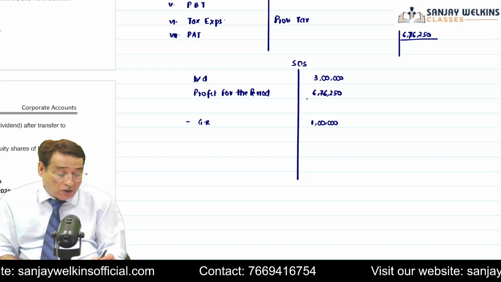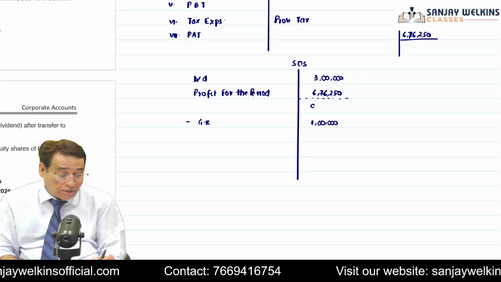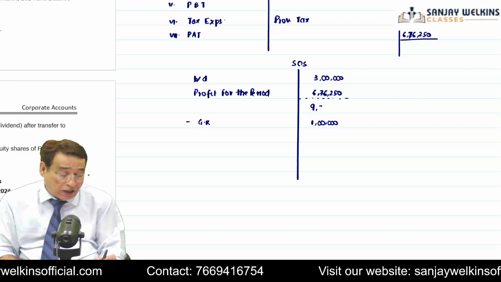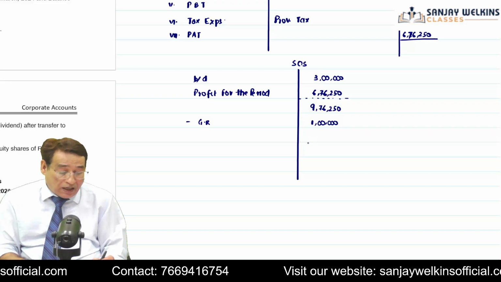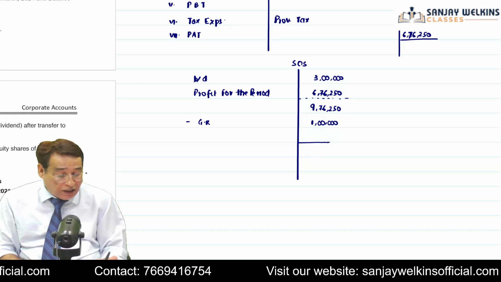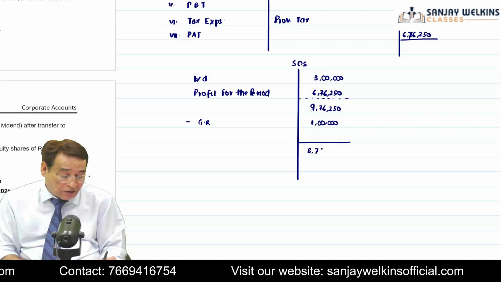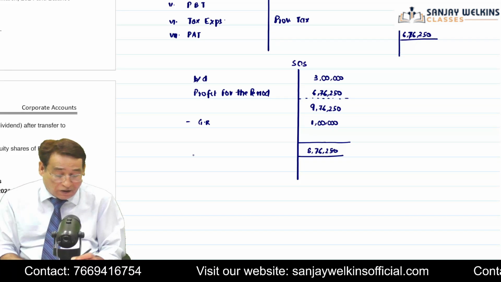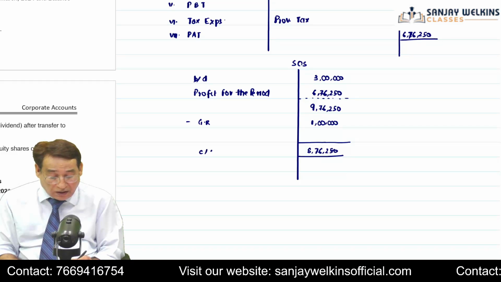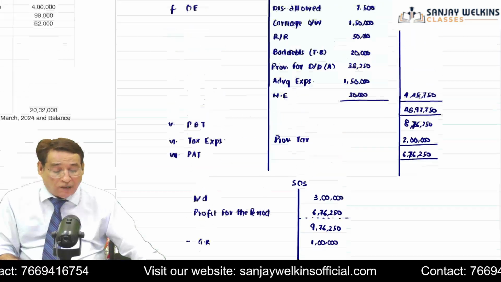Now there is already a balance of 3 lakhs, so total profits available is 9,76,250. Because we have transferred 1 lakh to the general reserve, 8,76,250 is my balance carried down. This will be considered as balance carried down, and this balance will be written in the balance sheet.